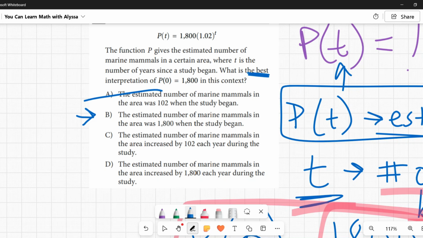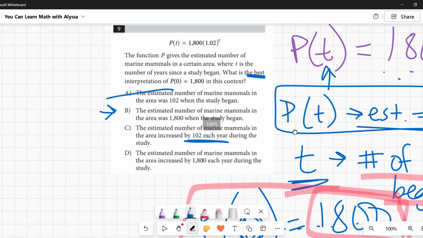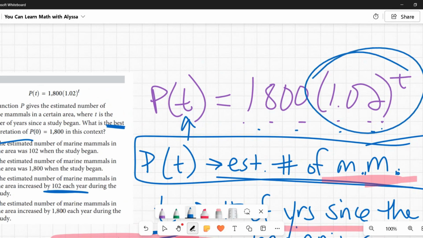C, the estimated number of marine mammals in the area increased by 102 each year during the study. Now, I'm not going to do the math here because it's not necessary to this question, but saying increased by 102 each year, this is an exponential function.